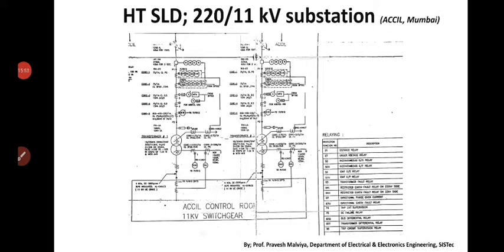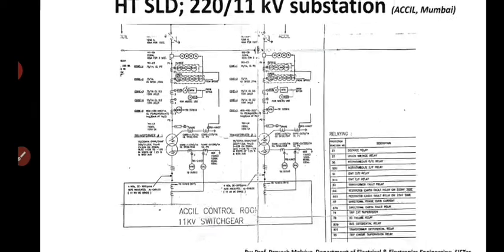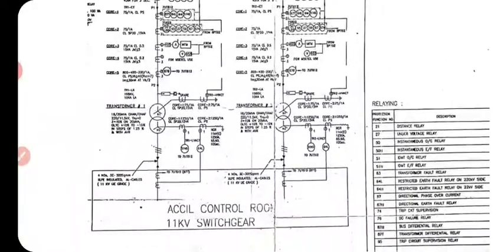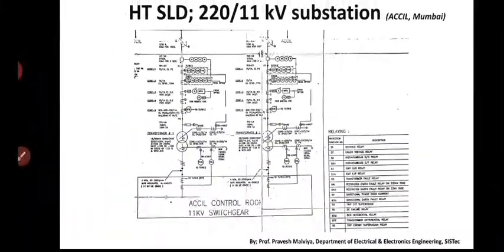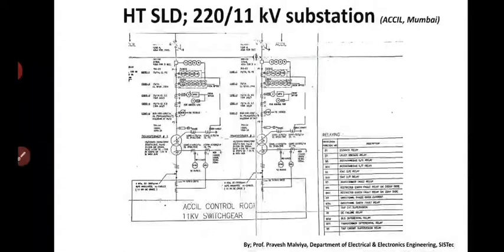This SLD, single line diagram, is of the HT section, high tension. If we closely watch this SLD, what it says is that 220 kV is being sent to a transformer.